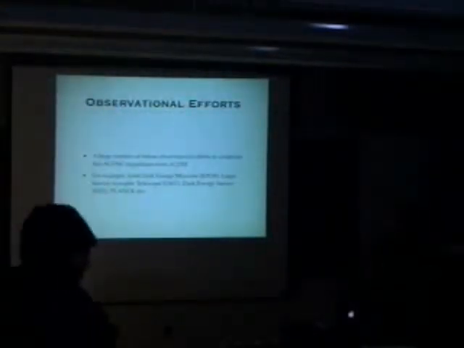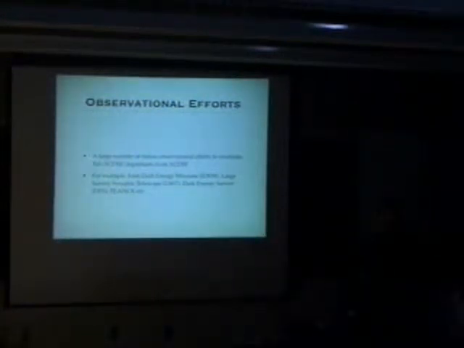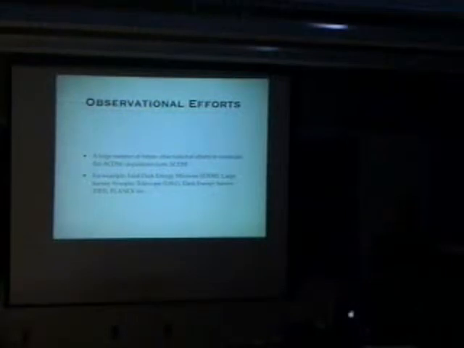In addition, because 95% of the universe is unknown, a large number of observational efforts have been directed at trying to either constrain departures from lambda CDM or characterize it better.